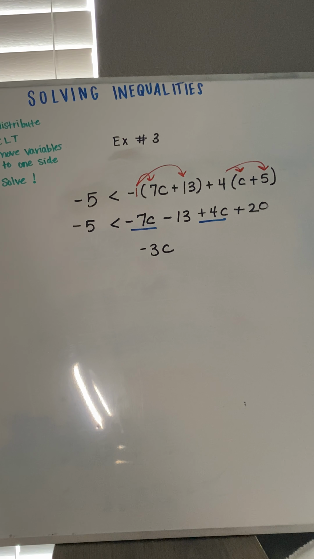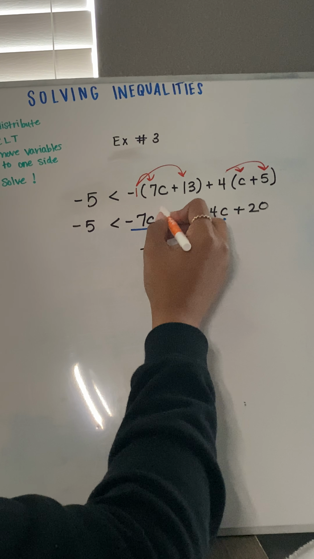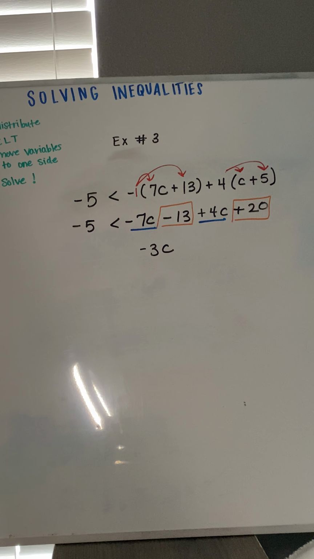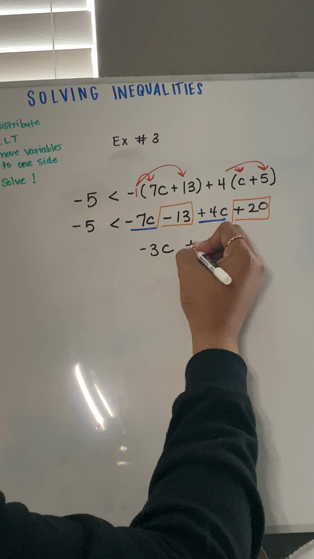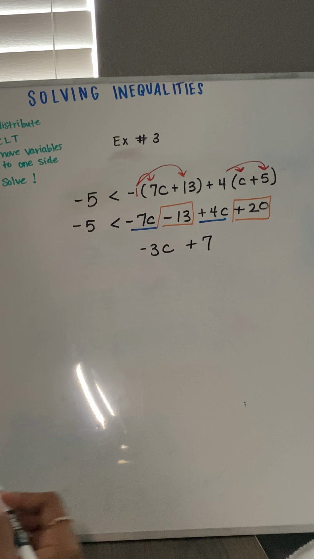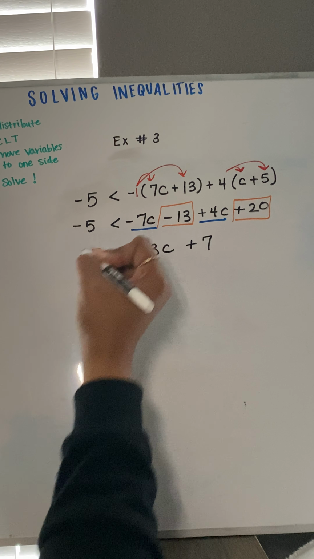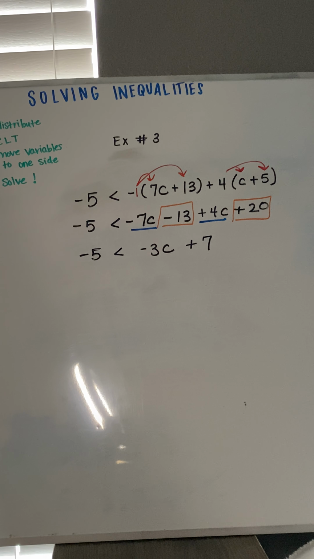Then it looks like I have a -13 and a +20. When I combine those, I will get +7. All right. Nothing happened on this side, so I'm just going to bring those things down to rewrite my inequality. Now I have a 2-step inequality.